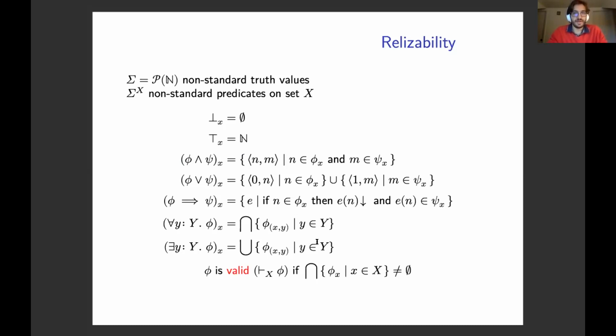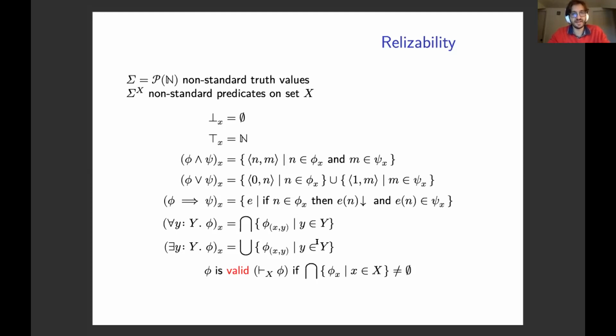Now, I will quickly remind you what realizability is. The idea is to have a semantics for a predicate calculus in a set of non-standard truth values. So we take the power set of the natural numbers as our set of non-standard truth values, meaning truth values will not be true and false, but will be subsets of natural numbers.